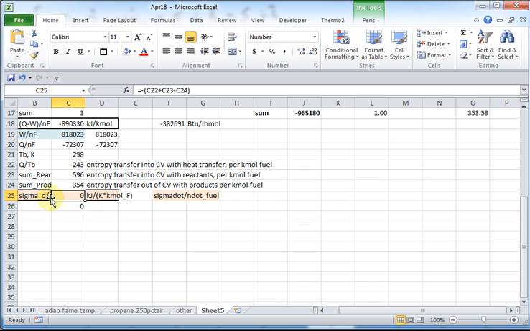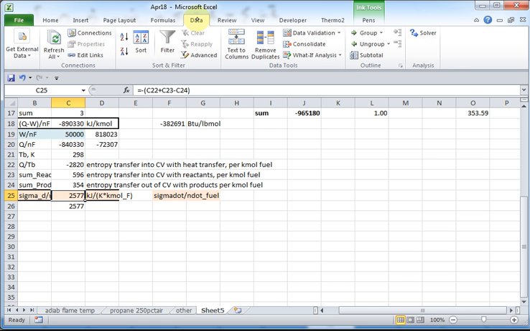Okay, and then what I had done was, this is a sigma dot, and I would calculate the sigma dot from an entropy balance, and I would guess, maybe I guessed it was 50,000. Okay, well, if it was 50,000, then my sigma dot's not 0. So in Excel, once you get used to Excel, you like the feature under data.